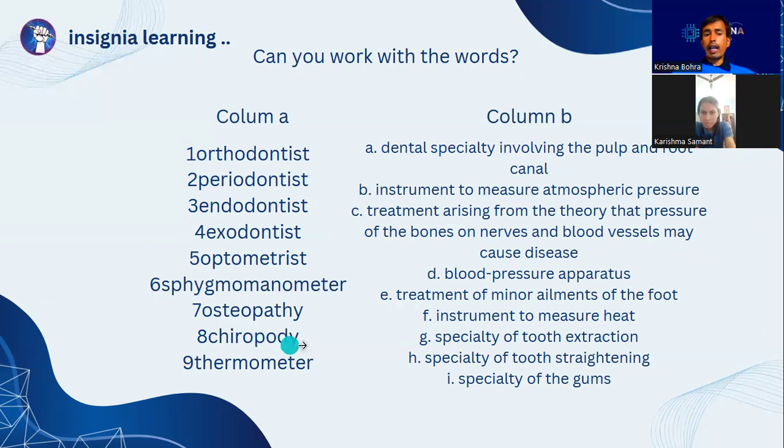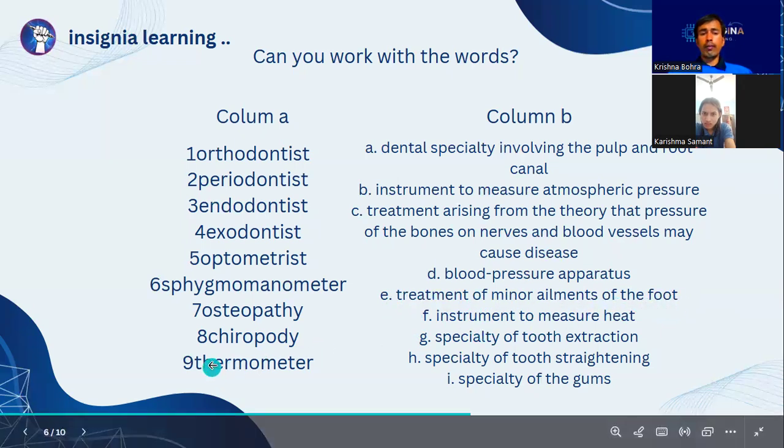So can you tell chiro, body? I think it is C. Chiro means hand, so there should be an option: treatment of the minor ailment of the foot and hand. So can you tell what thermometer means?